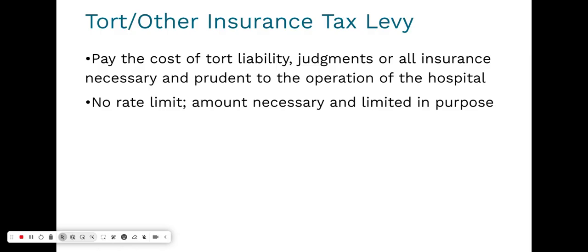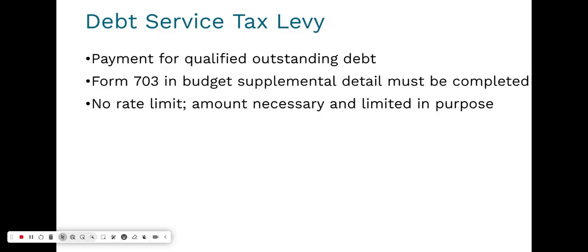Tort or other insurance tax levy, this is to pay the cost of tort liability, judgments against the hospital, and basically any insurance that's necessary and prudent to the operation of the hospital. Again, there is no rate limit, but it is limited to the amount necessary and only for those insurance costs. Debt service tax levy, this is for payment of qualified outstanding debt.